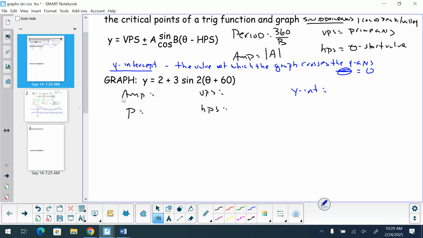Amplitude is going to be your absolute value of the coefficient of your sine or cosine. Period is equal to 360 divided by our b value. Vertical phase shift, the value out front. Horizontal phase shift is what's being subtracted from theta.